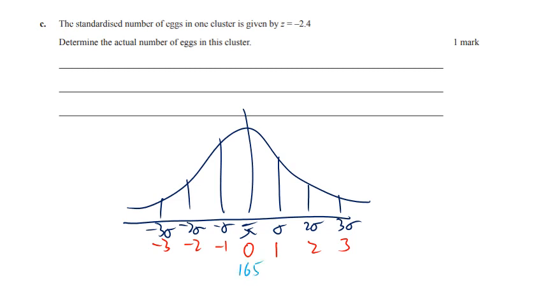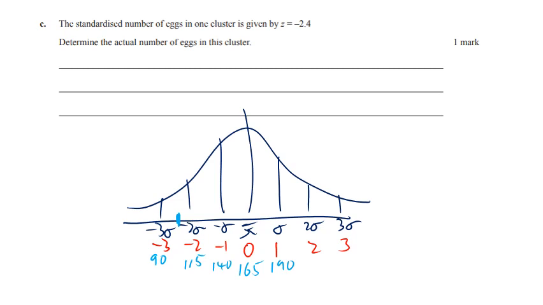So we said plus 25 is like 190. So if you had a value of 190, you get z-score of 1. We're looking at minus 2.4, so it's somewhere about there. So if we minus 1, we get 140, and we minus another 25, we get 115. And if we take another 25 off that, we get 90. Okay, so it's somewhere between 115 and 90 is the number that we're looking for.